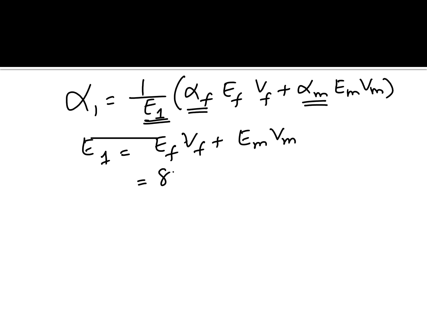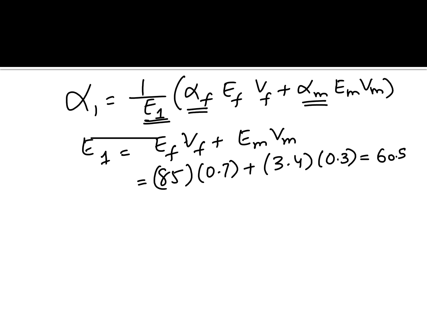So we know that the Young's modulus of the fiber is 85 gigapascals. Volume fraction is 0.7. The Young's modulus of the matrix is given as 3.4 gigapascals. Volume fraction is 0.3 of the matrix, and that gives us 60.52 gigapascals. That's the value of E1.